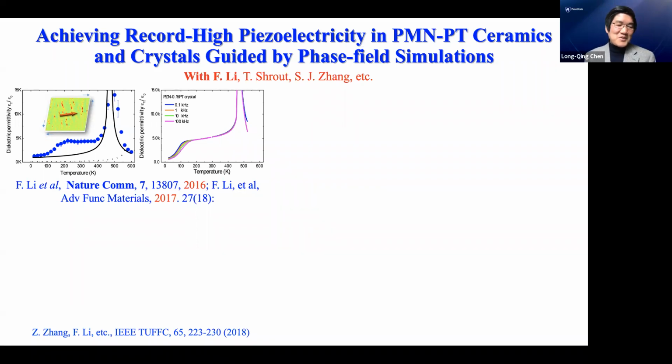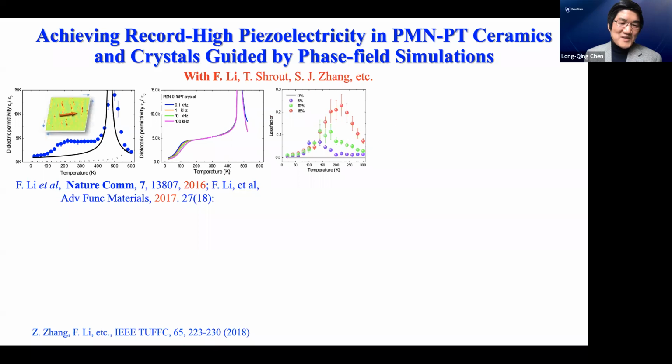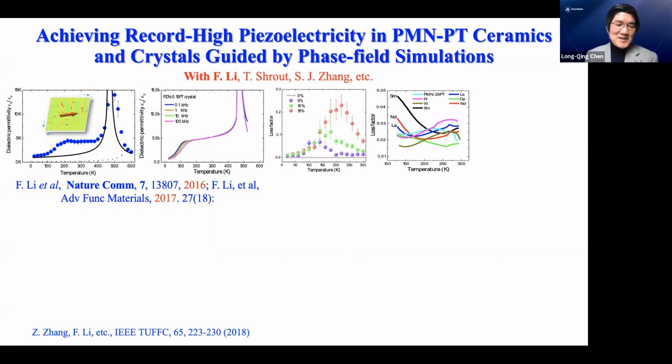First, we tried to discover what these heterogeneous dopants in the crystal really do, and we related the dopants, the amount of dopants, and the amount of dielectric loss.